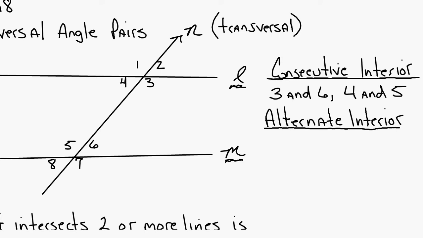So 4 and 6 would be one pair of alternate interior. And the other pair of alternate interior would be? 5 and 3. Very good. 3 and 5.